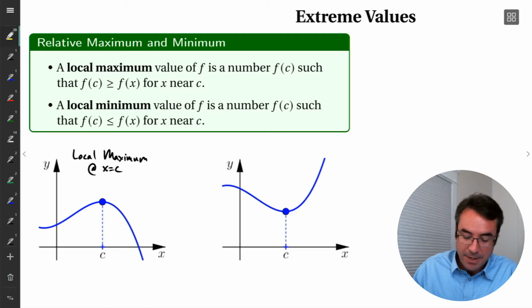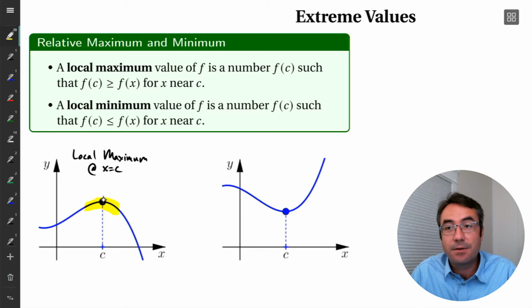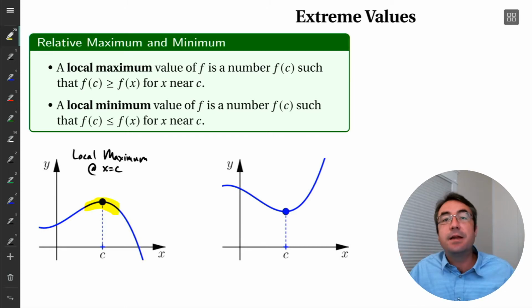What that means is if we have our high point, and we look at a little interval surrounding that high point, it's the highest one there. Think of maximums as like a mountain peak. There might be other mountain peaks out there, but in the immediate area, it's the highest point on our graph.